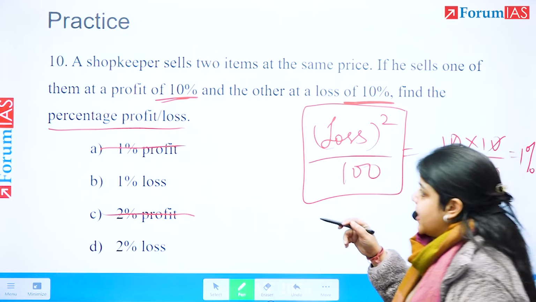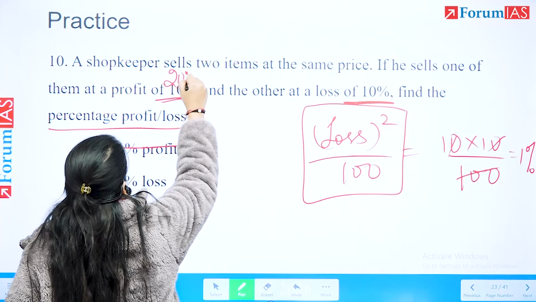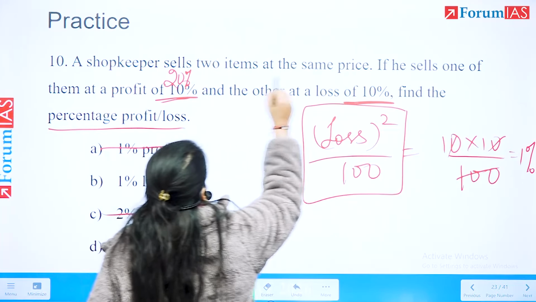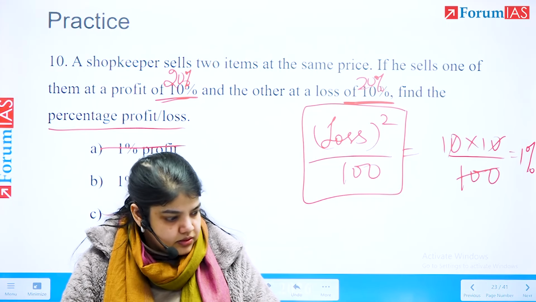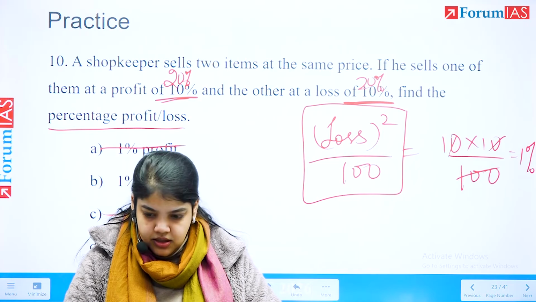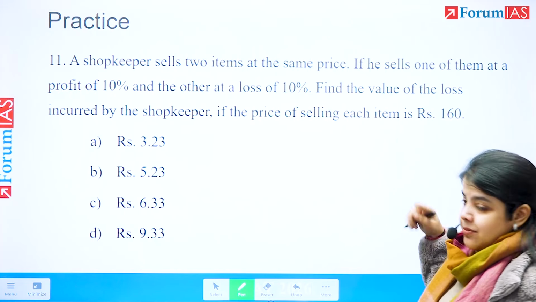Let's say instead of 10%, it is 20% and 20%. What will be his final percentage profit or loss? If it is 20%, 20 into 20 by 100 equal to 4%. Okay? Simple.